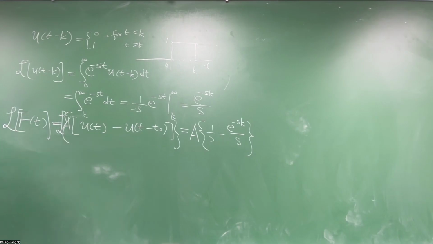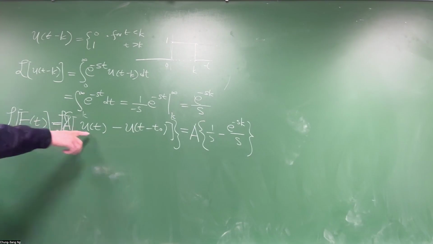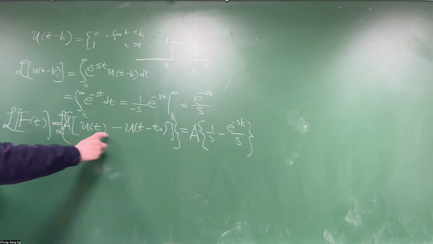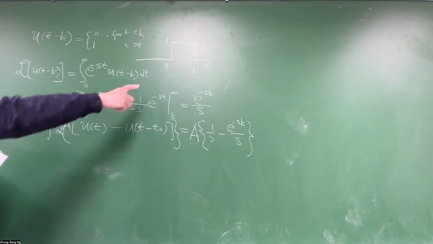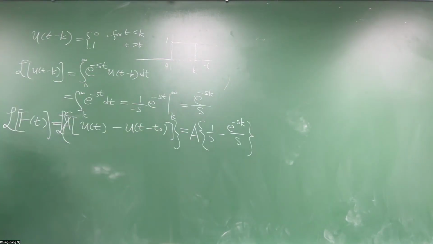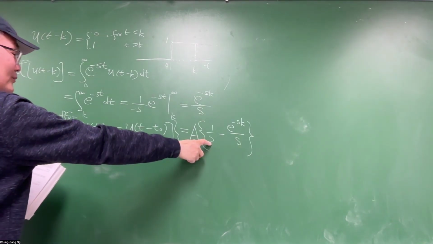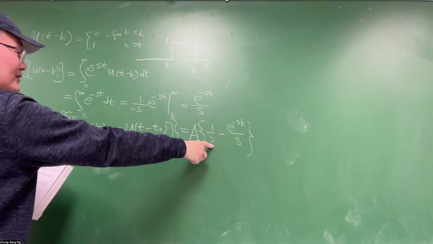Okay, so F is defined as this one. I just write Laplace transform instead of writing another equation. I take the Laplace transform of this function, and the Laplace transform of this function. This is a head function defined as this one. And that one I just used what we learned before, the first example.